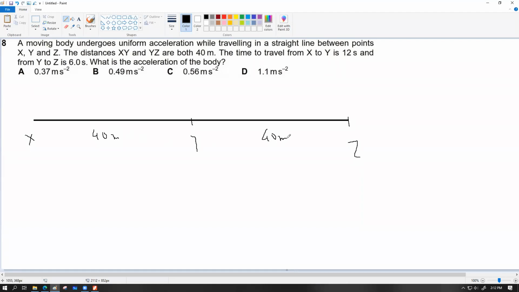To cover these distances for a continuous motion, this much requires 12 seconds, and this much requires 6.0 seconds. Both of the times are given up to 2 SF: 12 seconds, 6 seconds, 40 meters, 40 meters. All the numbers are given in 2 SF. So this is y.